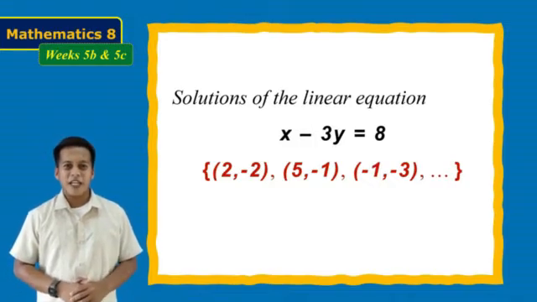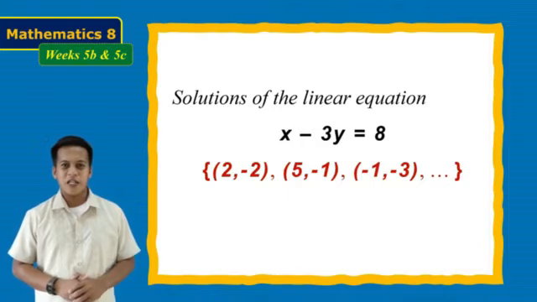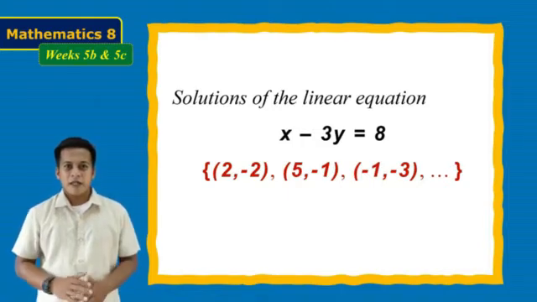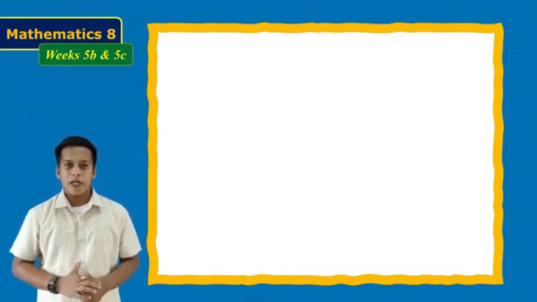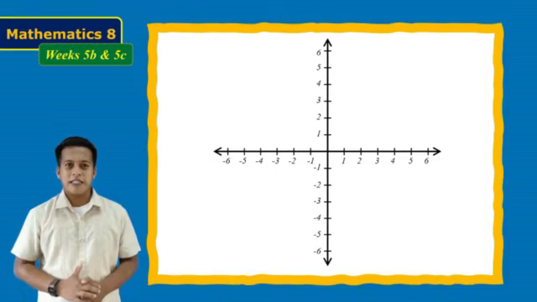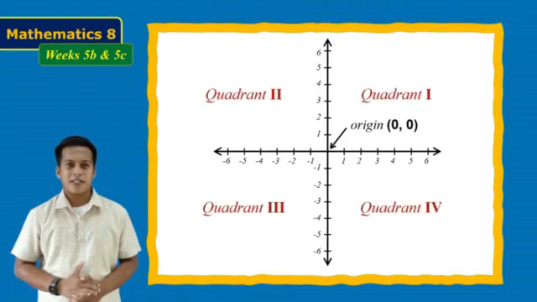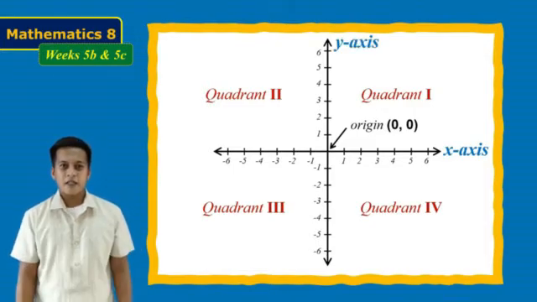We will graph the coordinates on the Cartesian coordinate plane or rectangular coordinate plane. Let's recall the rectangular coordinate plane. It is formed by two perpendicular number lines that meet at the point of origin (0, 0) and divide the plane into four regions called quadrants. The horizontal line is called the x-axis and the vertical number line is called the y-axis.